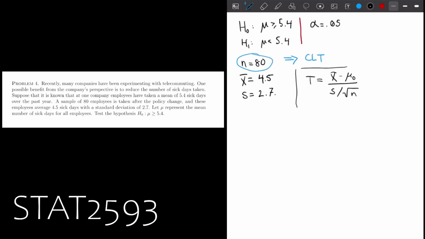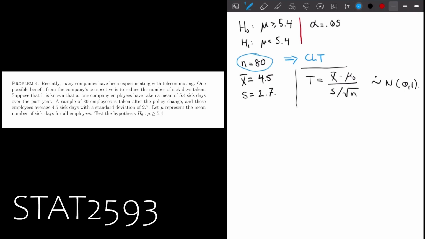And we're going to say that this is going to be approximately normally distributed without knowing even what the underlying distribution is because we have this larger sample size. If we were only dealing with, say, 15 individuals in the sample, then we're going to have a harder time using this approximation. And then we would want to know, is the underlying distribution normal so that we could still run this hypothesis test?